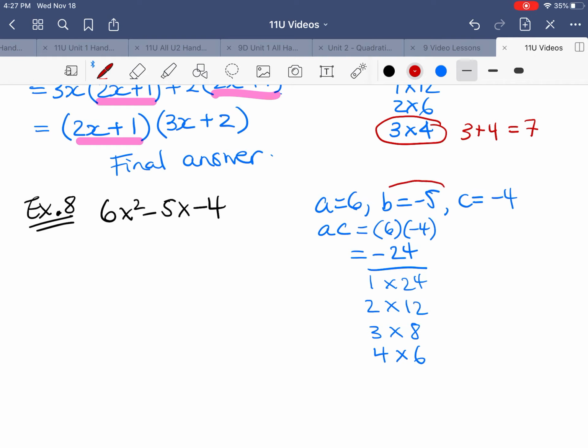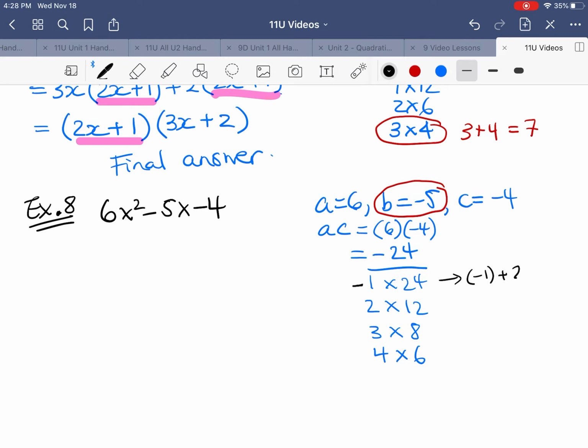Now let's highlight, because it's right there, that b is equal to negative 5. So what we need to do is play around with our pairs and see which pair could give us negative 24 and negative 5. For example, if I did negative 1 times 24, that would give me negative 24.